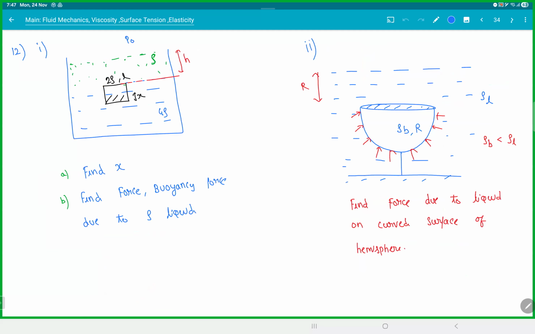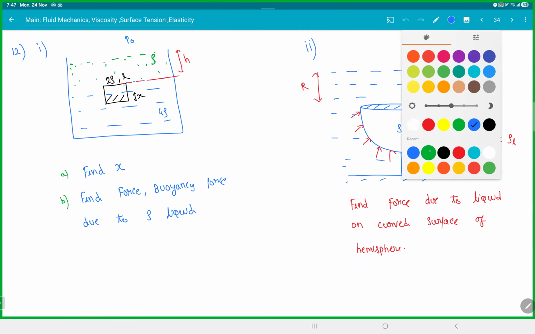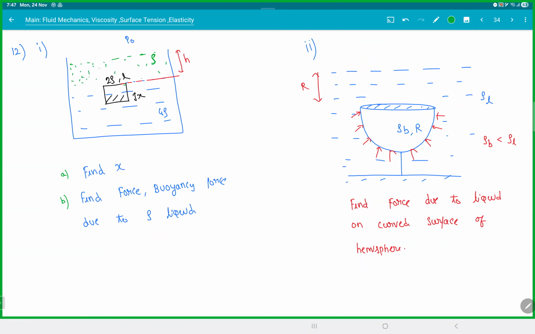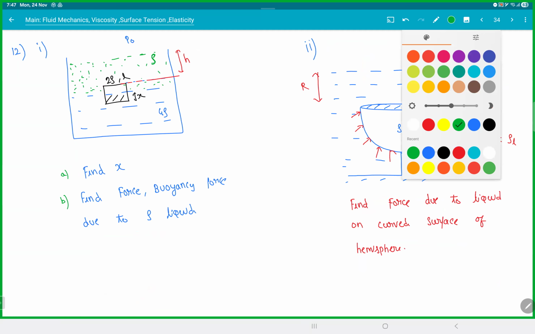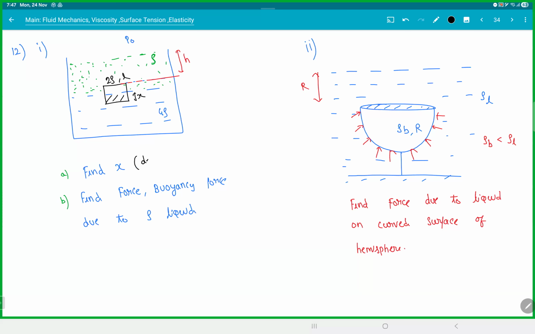What about this one? So we have two liquids here, rho and 4 rho, and there is a block of density 2 rho, length L. X is the depth inside the 4 rho liquid. Find X. Find the force on the block due to the rho liquid, and find the buoyancy force due to the rho liquid.